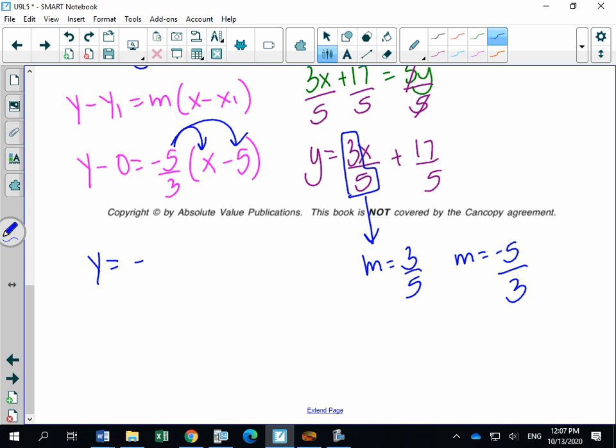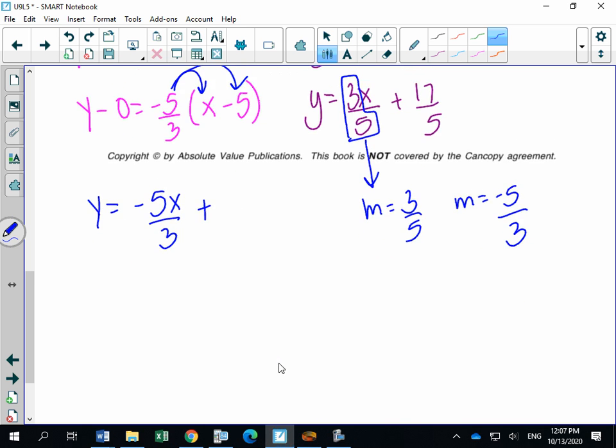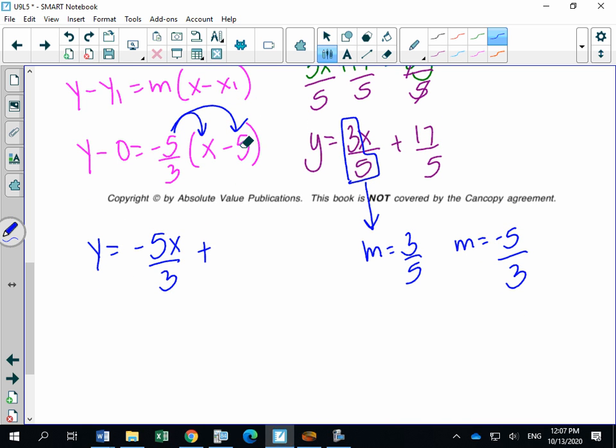So that would be negative 5x over 3 plus, and the reason why I have a plus is because two negatives will make a positive. So negative 5x over 3 plus, and then that would be 5 times 5 is 25 over 3.